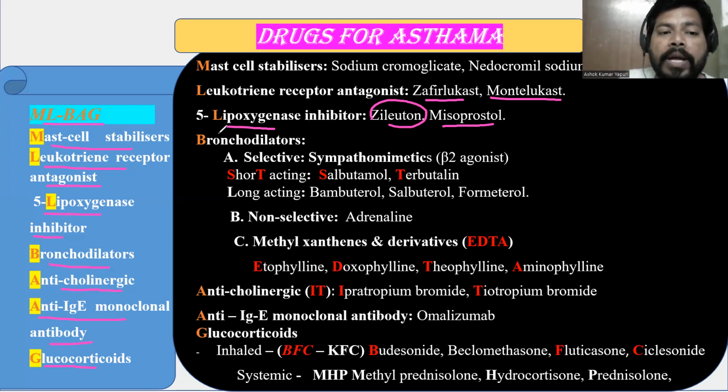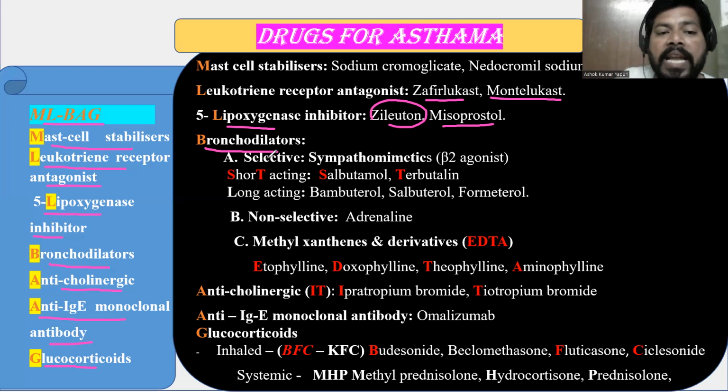And next, bronchodilators. The name itself indicates they dilate the bronchial smooth muscle. Dilation of bronchial smooth muscle is essential for relaxation of the bronchial smooth muscle and widening of the airway passages in the lungs.